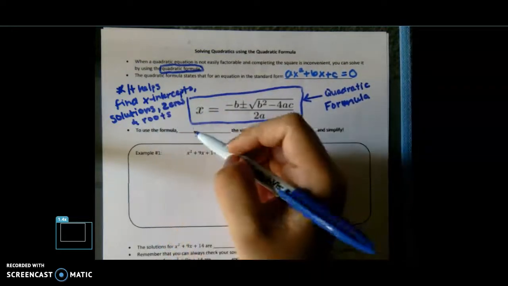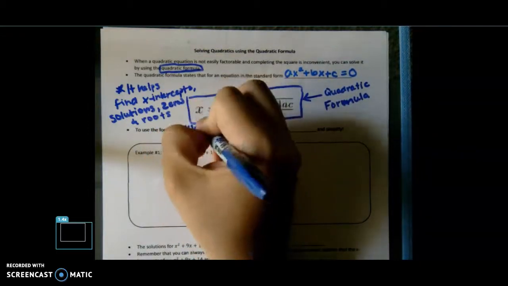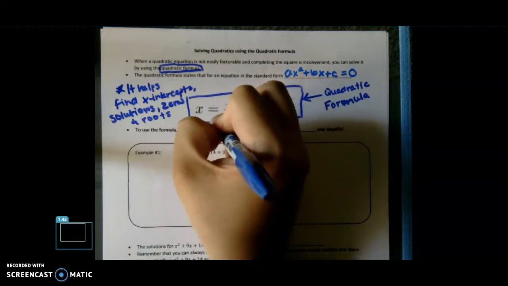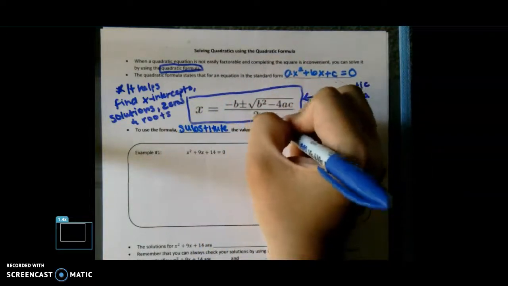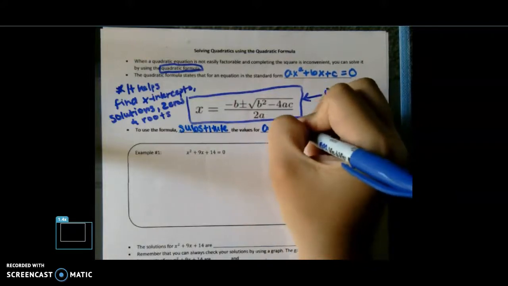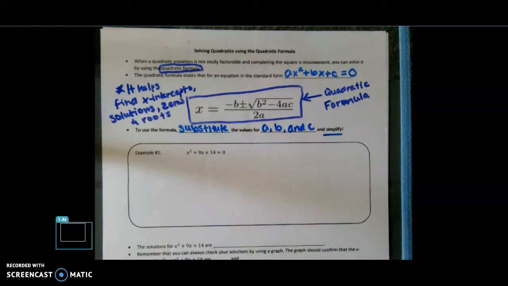And to use this formula, you have to substitute. So write: substitute the values for A, B, and C, then simplify. So let's go step by step to see what that looks like, okay?